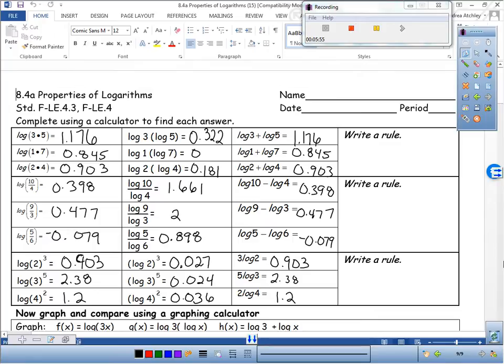Okay, let's check how we're doing so far. Check your numbers, you guys. Make sure your numbers are accurate.